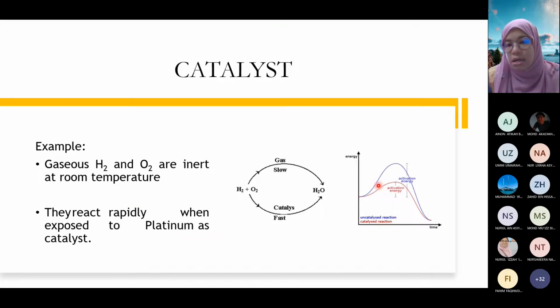This is how the reaction occurs. This is the activation energy required if the reaction involves a catalyst, compared to without catalyst. So you can see the difference here.